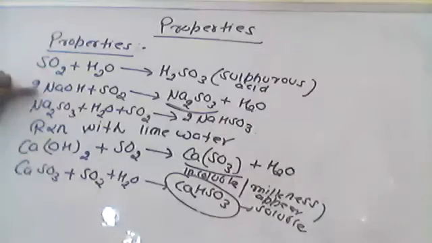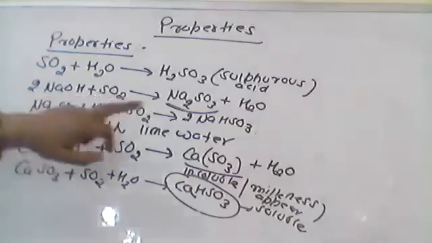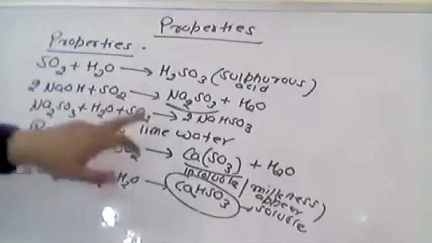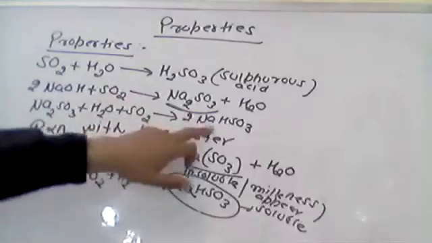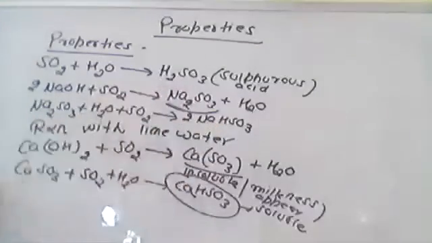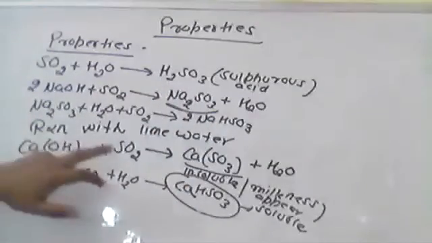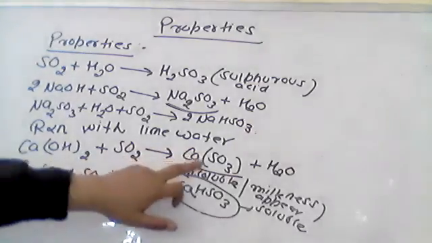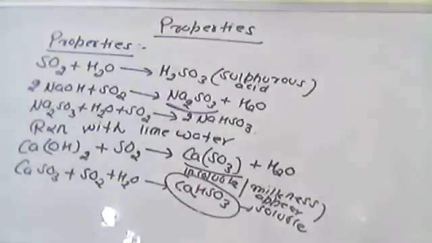So, these two reactions: first, sodium hydroxide reacts with sulfur dioxide to form sodium sulfite, and if we further react sodium sulfite with sulfur dioxide, there is a formation of sodium hydrogen sulfite. No trouble. With lime water, when we react sulfur dioxide, there is a formation of calcium sulfite, CaSO3. This is insoluble, like calcium carbonate, and there is a formation of milkiness.